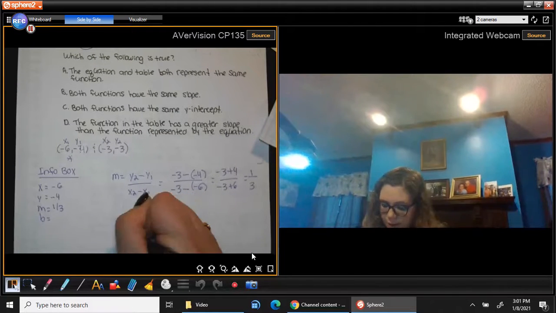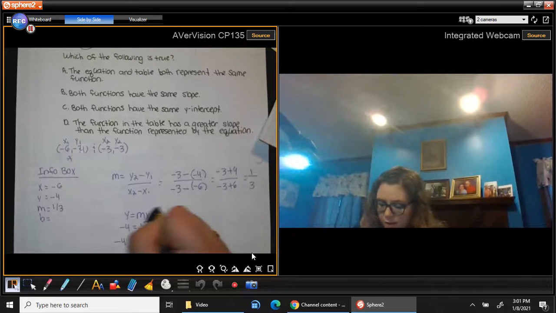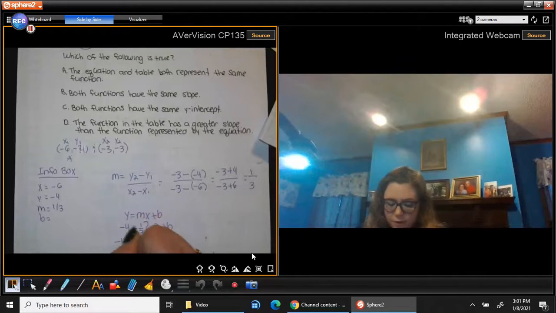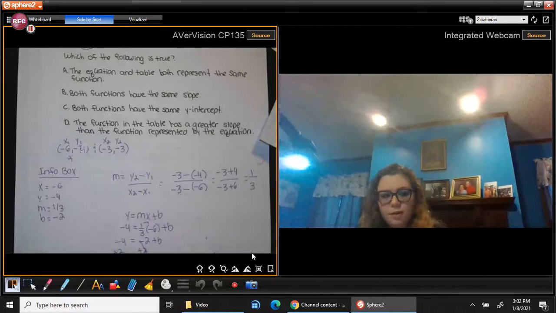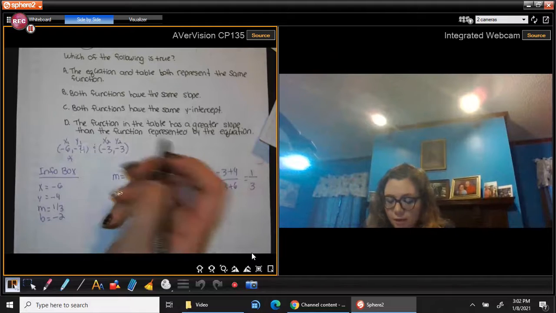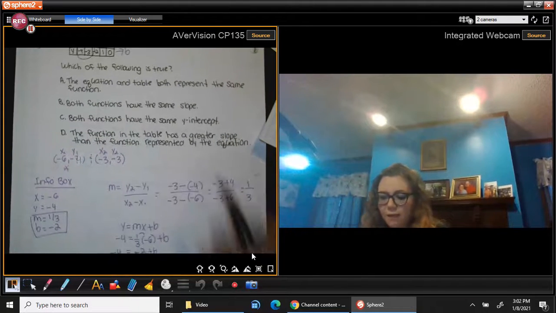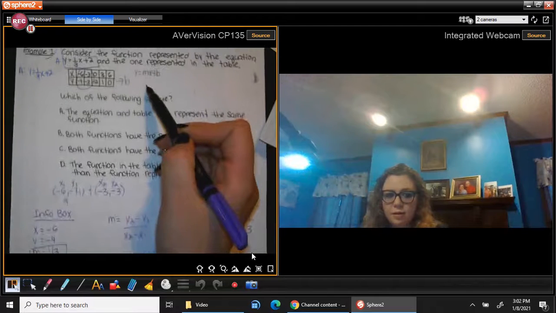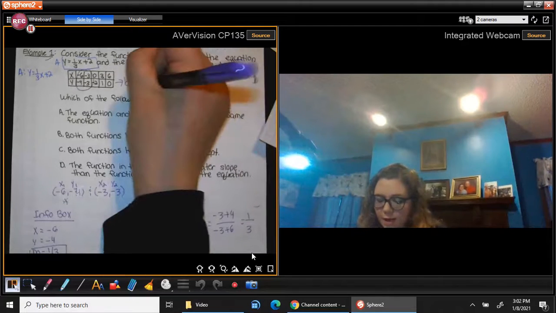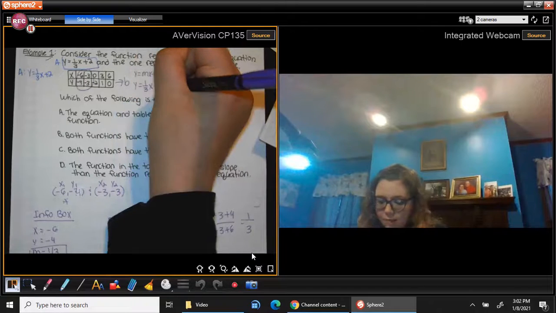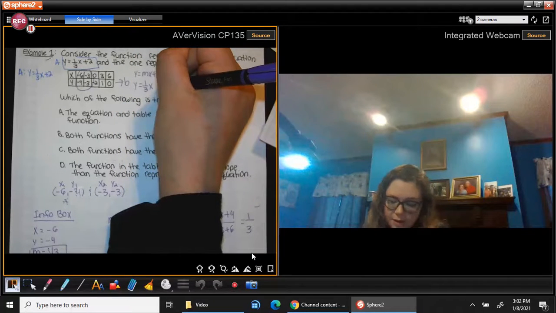Bring down everything else, plus b. Negative 4 plus 2 is negative 2, so b equals negative 2. Once I have my slope and my y-intercept, I can stop. I have enough to plug in up here. So y equals 1/3 x, and my y-intercept is negative 2.